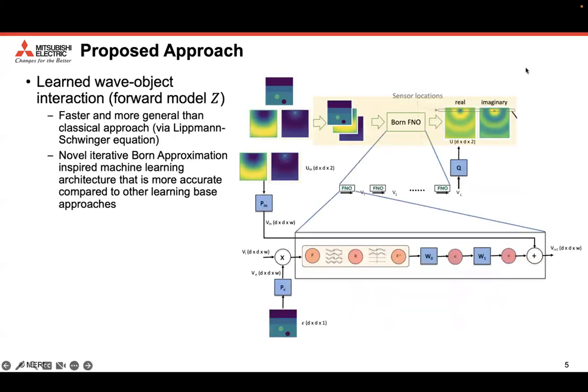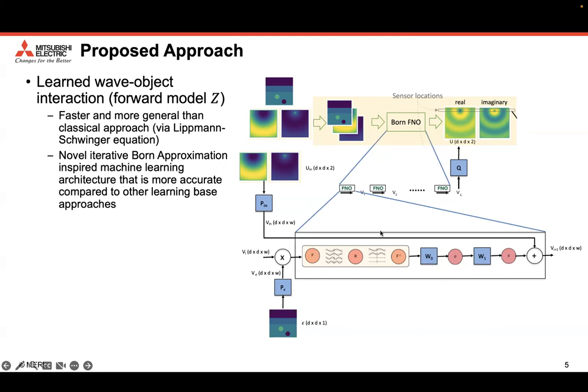What we propose is learning an operator that defines the interaction between the material and the total wave field that exists in the ground. We call this a Born Fourier neural operator. We call it Born because it's inspired by the iterative Born approximation for the Lippmann-Schwinger equation. Ultimately, we modify the Fourier neural operator architecture so that we limit it to the convolutional setting, along with several fully connected layers after that.